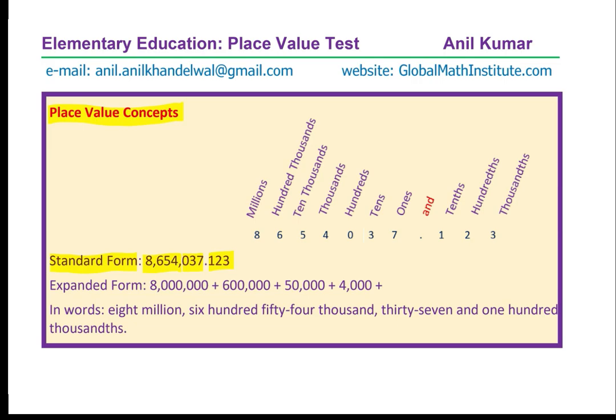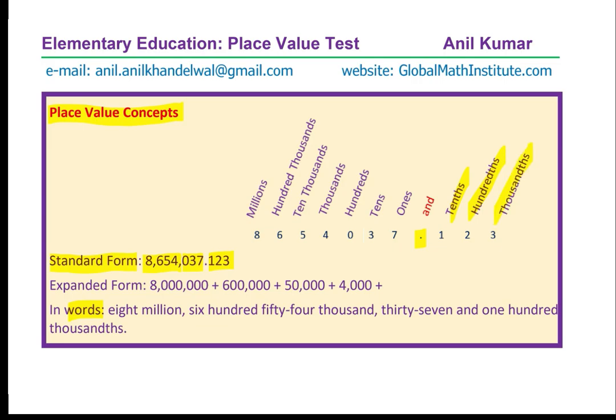8654037.123. Now if you put it on a place value chart, it will look something like this. So you see, decimal point is normally read as "and" when you write it in words. On the right side of this are the numbers which are like tenths, hundredths, and thousandths.